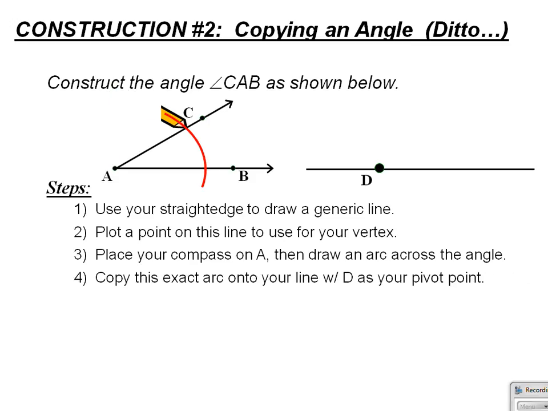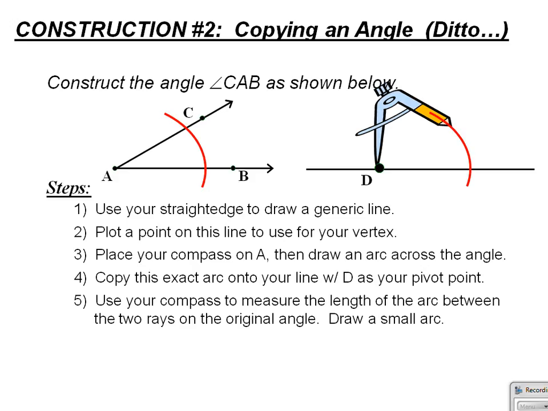Keeping the same gap in our compass, we will then copy this arc onto what will soon be our new angle by pivoting on D and making the same arc sweep with the same length in our compass. Step number 5 involves taking our compass and measuring the length across the arc from edge to edge on our original angle. And we draw a small arc there to make sure that we have the exact correct length that we're going to apply to our new angle.